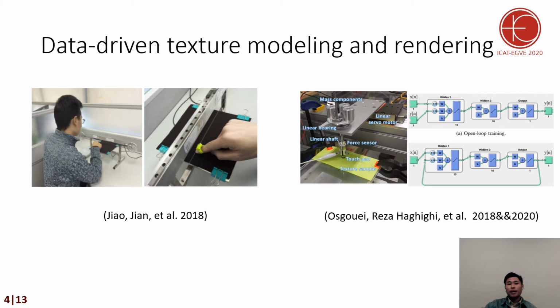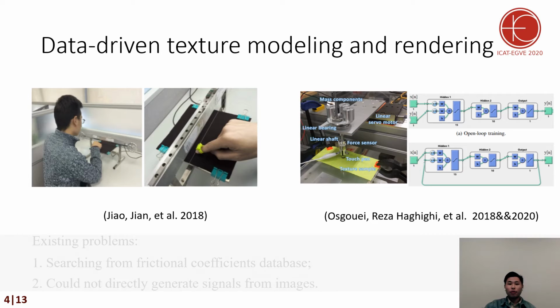Well, data-driven methods could be used for texture modeling and rendering. Firstly, the frictional coefficient signals should be manually collected to build a database, and then we search the frictional coefficient database to get the target fabric texture characteristics. There are also some works focusing on how to implement regression models for signal prediction.